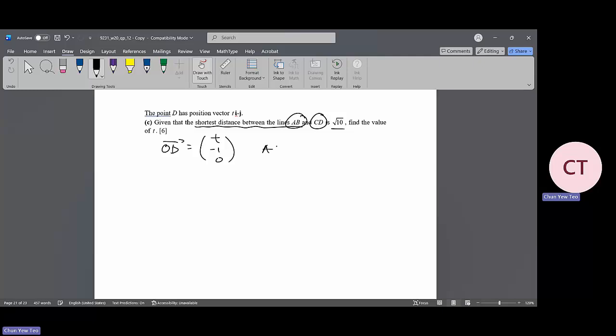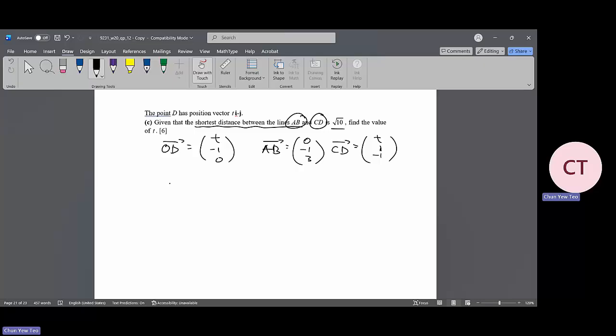We already have AB in part A just now. AB is 0, -1, 3. And then we need to find the directional vector of CD. So CD is d, 1, -1.